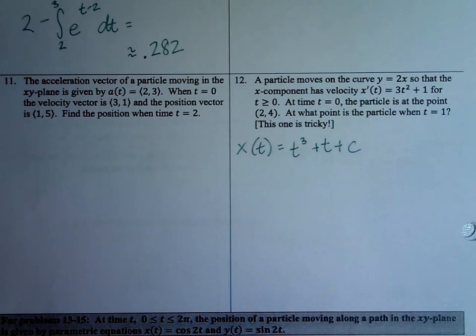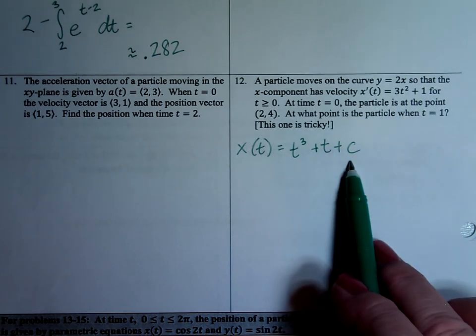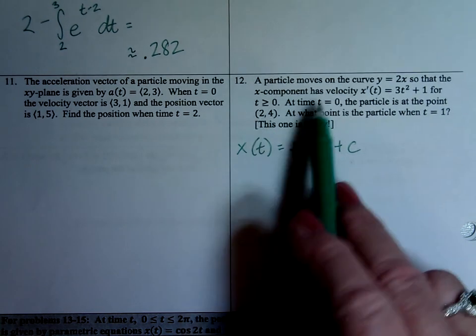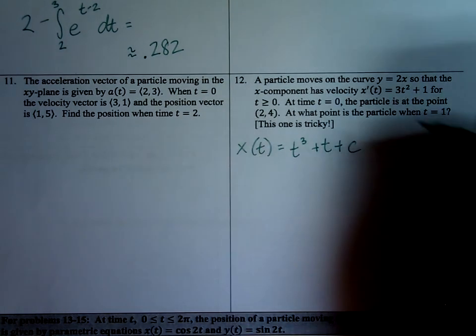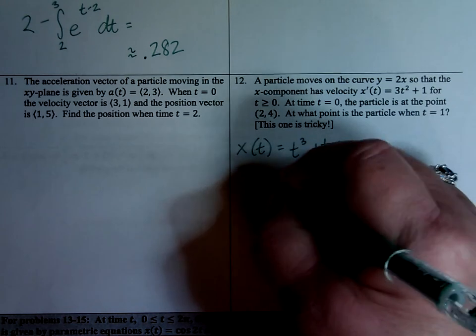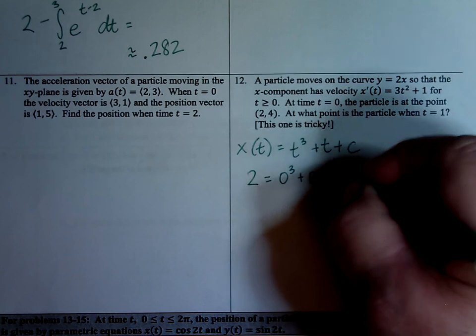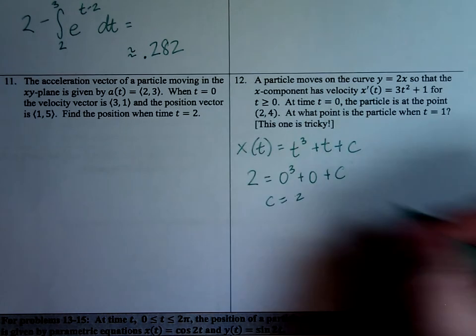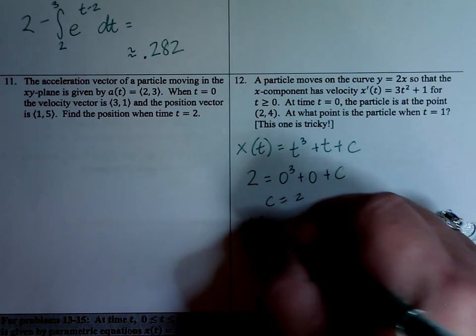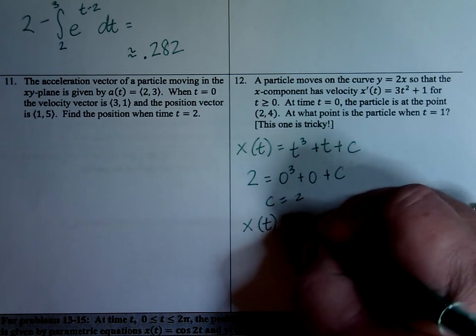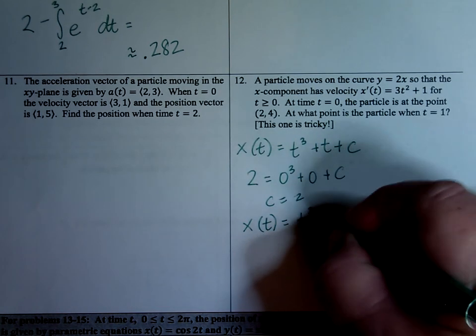Do I have information that will help me to figure out what c is? And you say yes, they gave me a coordinate right here too, when t equals 0. So I know that it equals 2 when t equals 0. So my c is 2, which means that my x component for position is t cubed plus t plus 2.